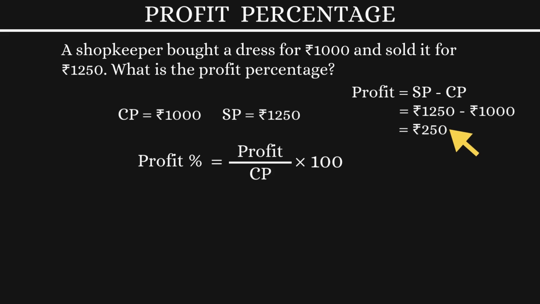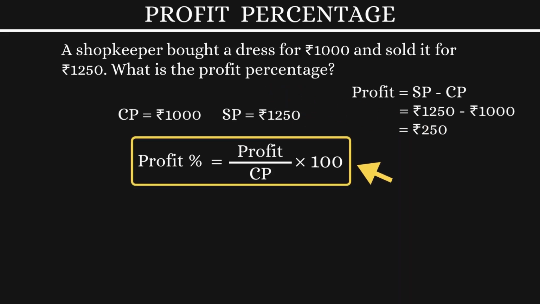But we are asked for the profit percentage. Using this formula, we have the profit percentage is equal to 250 divided by 1000 into 100, which gives us 25%.